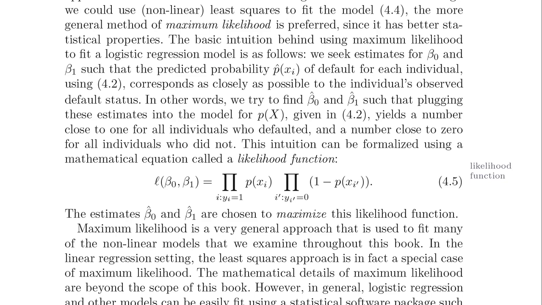The basic intuition behind using maximum likelihood to fit a logistic regression model is as follows. So let's have a look. It's probably worth spending some time on this. We seek estimates for beta naught and beta 1, so those will be your hats, such that the predicted probability in this question, it's of default.